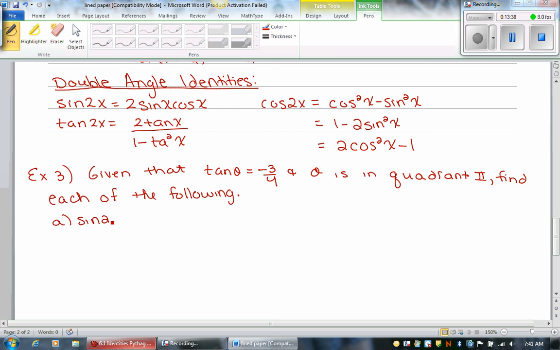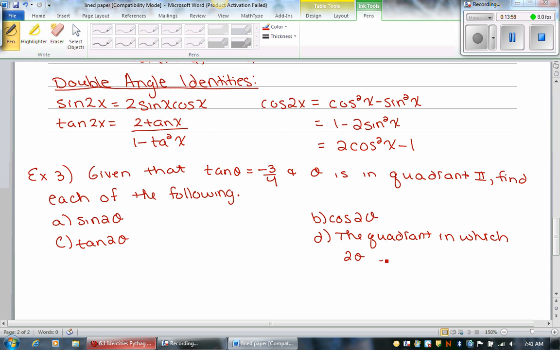Find sine 2 theta, cosine 2 theta, tangent 2 theta, and the quadrant in which 2 theta lies.